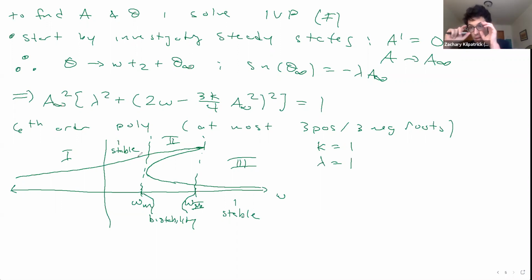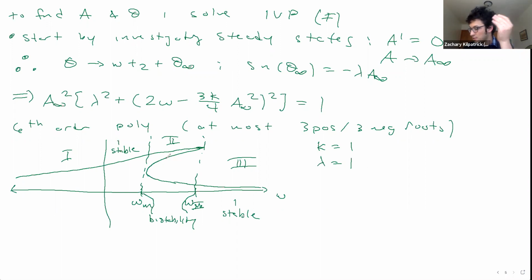So this tells me something physical about this nonlinear oscillator: there's a region of forcing frequencies where I could get either a high amplitude oscillation or a low amplitude oscillation, depending on the initial condition of the amplitude before I start that forcing.